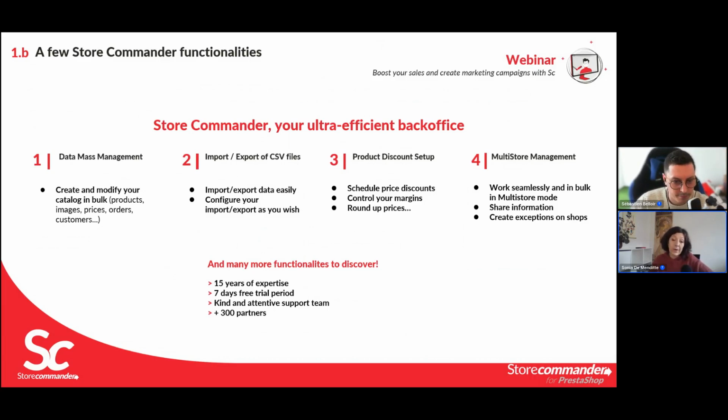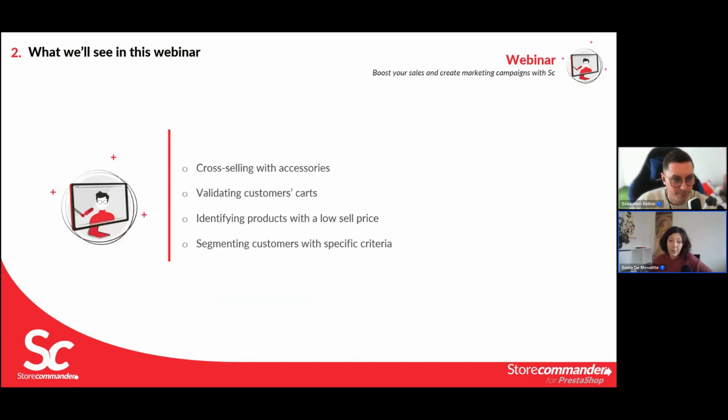So this is what Store Commander is briefly. And today we're going to be talking about increasing the shop sales and also setting up segments to set up marketing campaigns throughout the year. So the first thing we're going to be talking about is cross-selling using accessories.